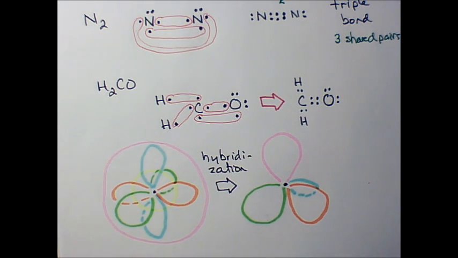Now, not all the orbitals will hybridize. Sometimes when we're doing double and triple bonding, some of the orbitals retain their original shape and some hybridize. We'll get into that more tomorrow. Got that? This is what we're going to be looking at with the balloons tomorrow, and then we're going to look at how the resulting hybridized orbitals form molecular shapes.